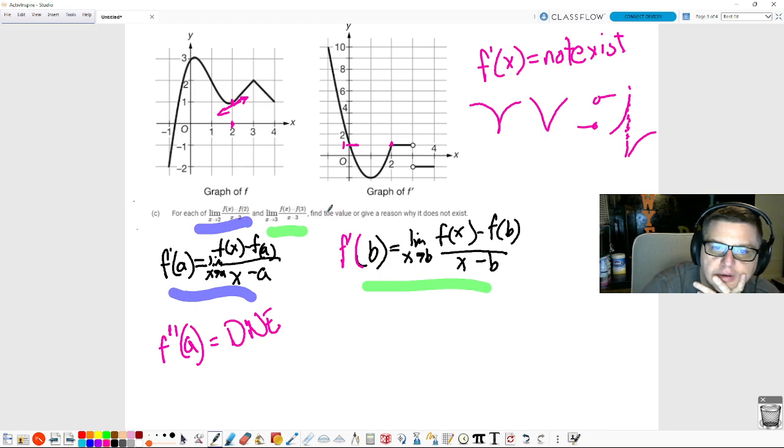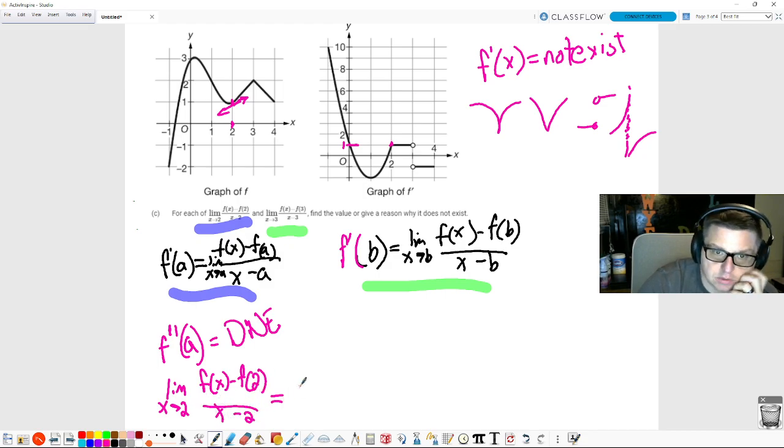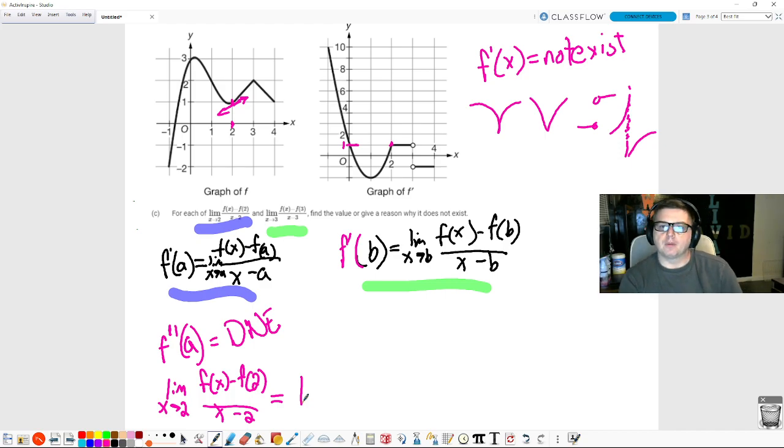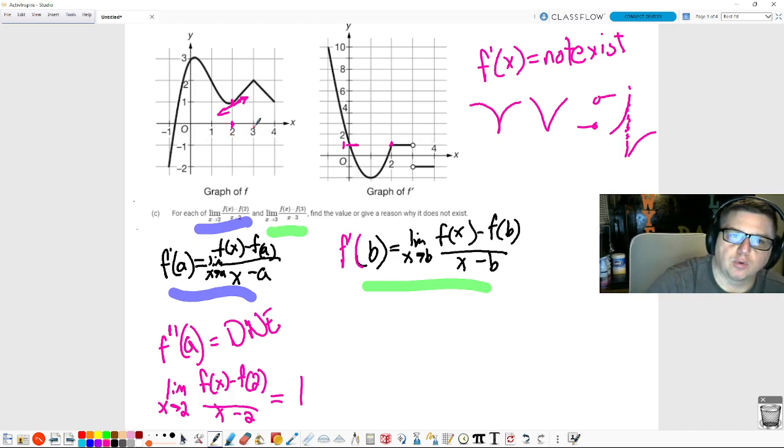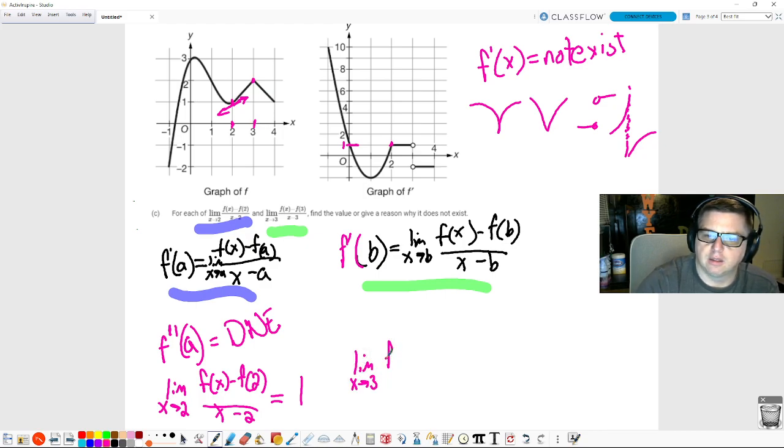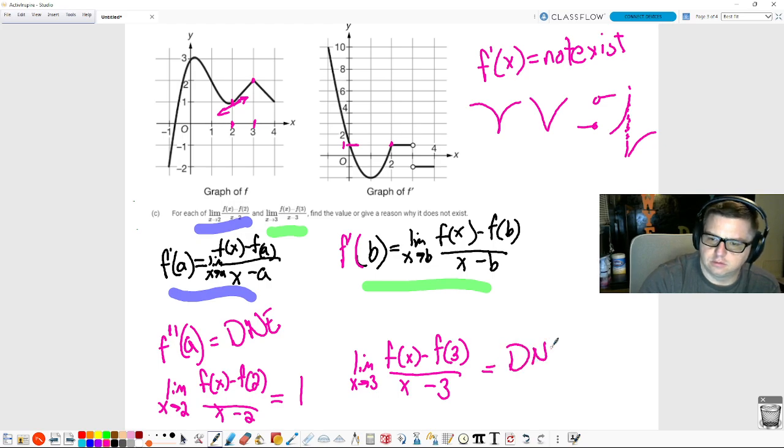So, for each limit, find the value or give a reason. So, this one, the limit as x approaches 2, f of x minus f of 2 over x minus 2 equals 1. Okay, and then the next one is at 3, and look what happens at 3. Don't we come to a point? So right there, the limit as x approaches 3, f of x minus f of 3 over x minus 3 does not exist.